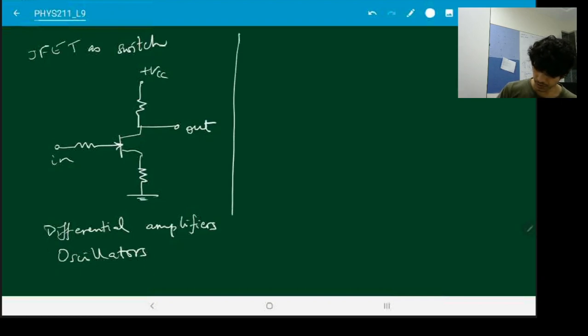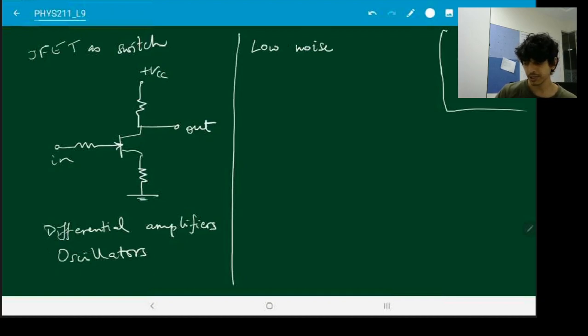What are the advantages of using JFET? Typically JFETs give you lower noise levels than BJTs. Switching time is faster, meaning that the time lag between giving an input and getting an output is smaller for the FETs.